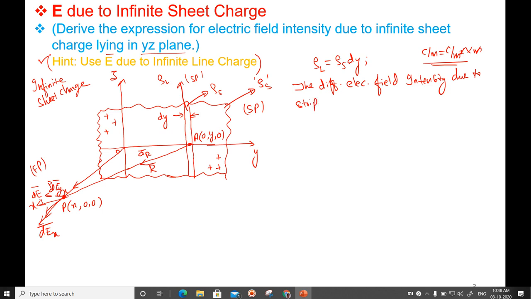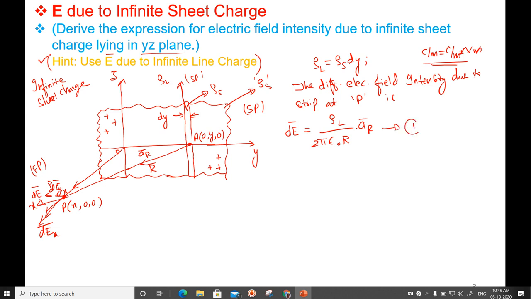The field due to the strip at point P, the field point, is given by dE, because we know for an infinite line charge, it is rho L by 2 pi epsilon naught rho, where the distance between source point and field point is r. So rho L by 2 pi epsilon naught, instead of rho I will write r into aR. Is it fine? I hope you understood this.